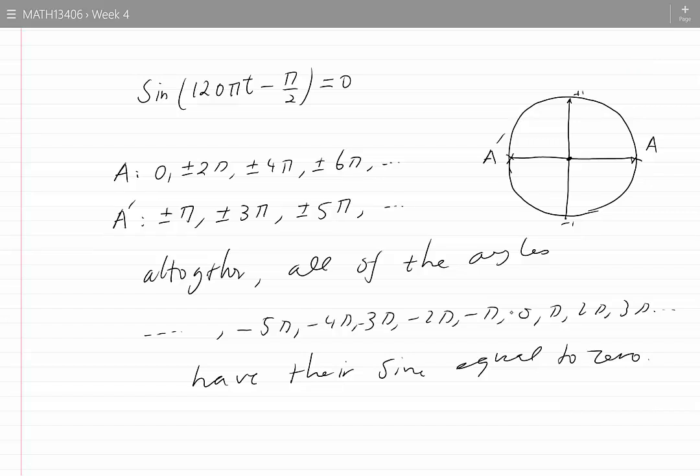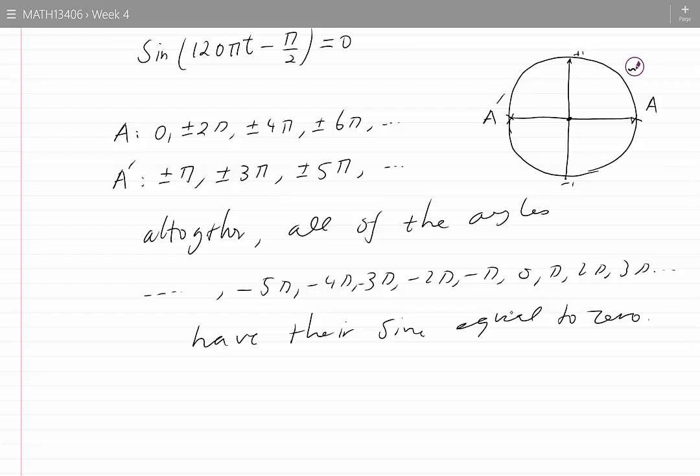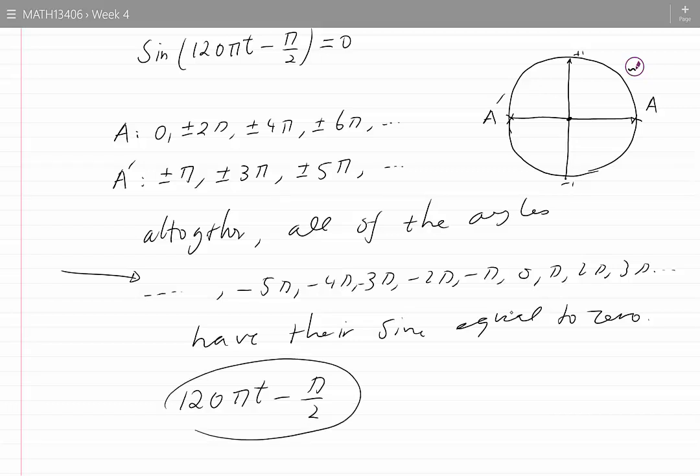In other words, if I require that 120 pi t minus pi by 2 is equal to any of these angles, then sine for this quantity will be 0.